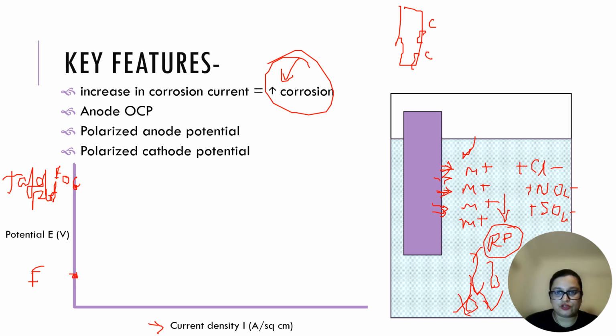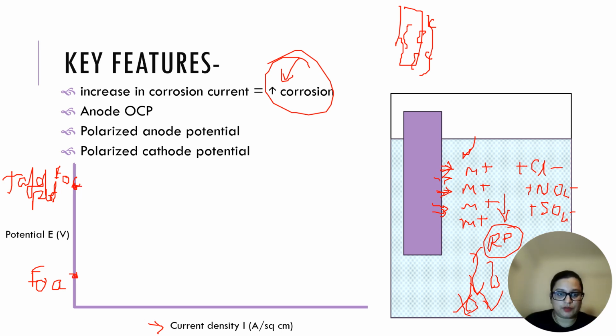So the cathodic areas will have a certain open circuit potential when they are outside the medium. Similarly, the anodic areas will have open circuit potential of EOA. When you put them together into a medium, they are now connected electrochemically. Electrically, they were already connected through the pipe, through the material. Electrochemically, they are now connected due to the medium.